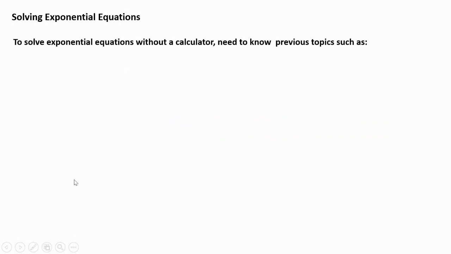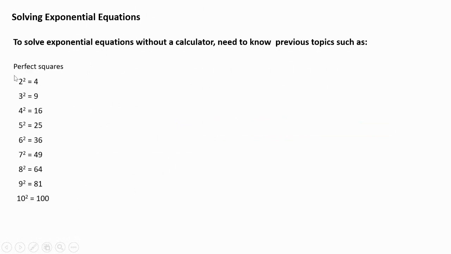Okay. Now comes the solving portion of this workshop. To solve exponential equations without a calculator, you need to know previous topics. This is what you gotta know, guys, from earlier in the semester, or maybe from even a lower remedial class. You will know perfect squares.